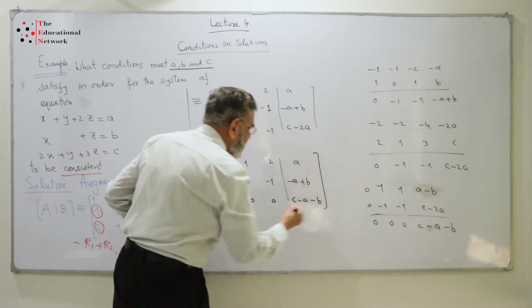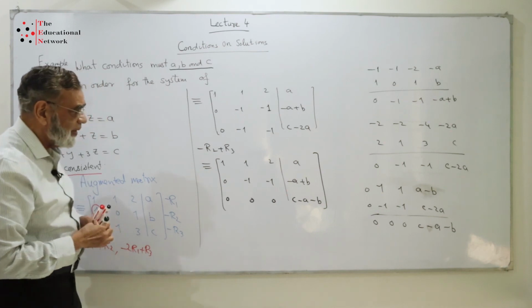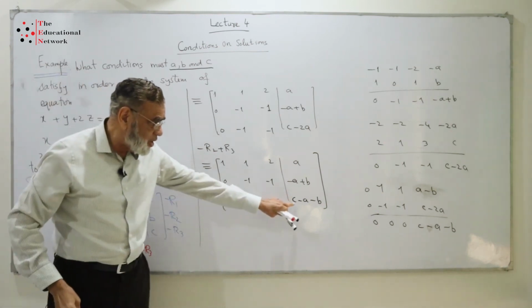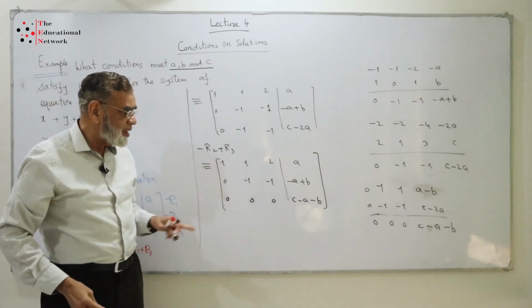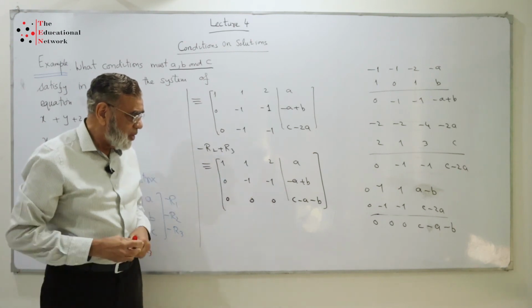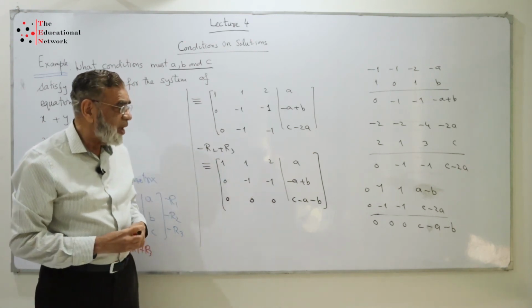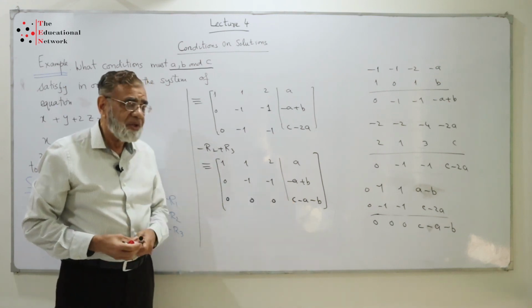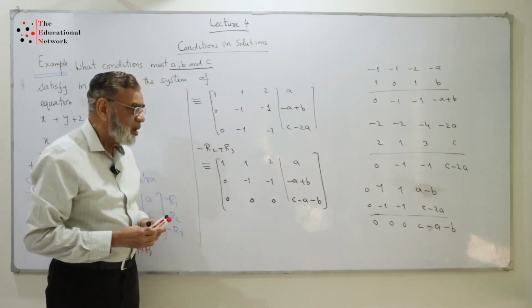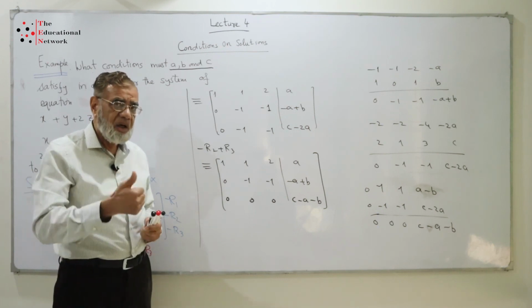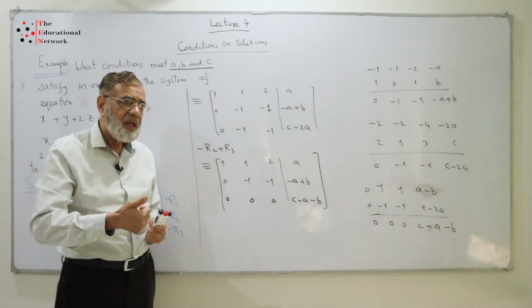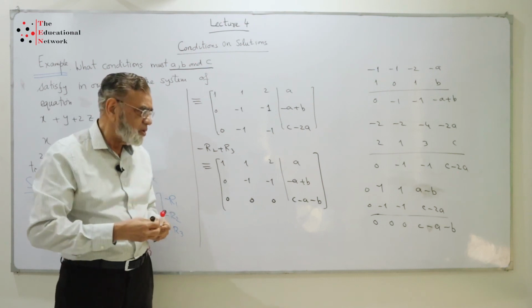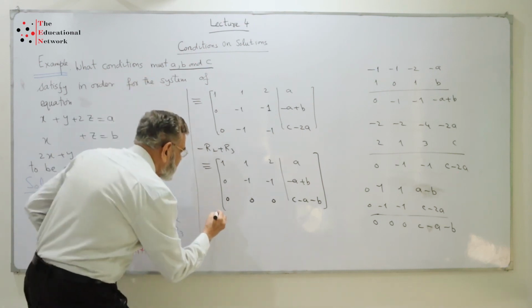I want to look at the conditions when it is consistent. We have two leading entries, and if this last entry is 0, the system will be consistent. We have many solutions. Many solutions mean consistent. I said only one solution is consistent. I say we have at least one solution. So we say the system is consistent.